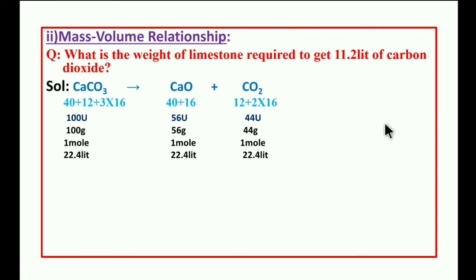Now we have to understand that 100 grams of calcium carbonate gives 44 grams of carbon dioxide, that means 22.4 liters of volume. 100 grams of calcium carbonate on heating gives 22.4 liters.